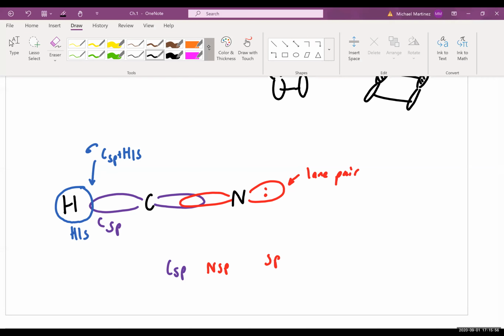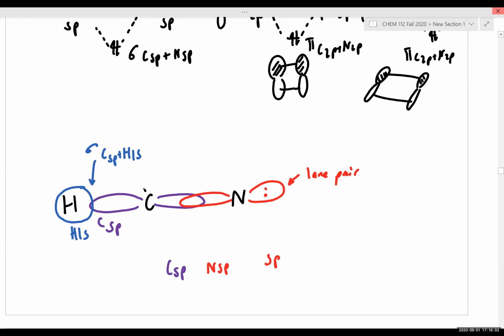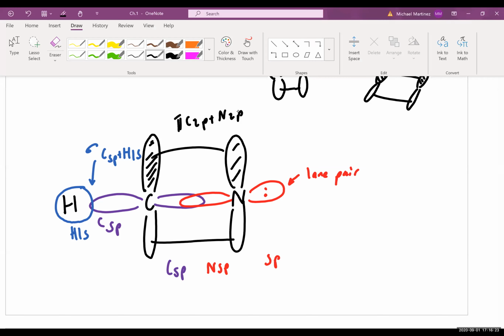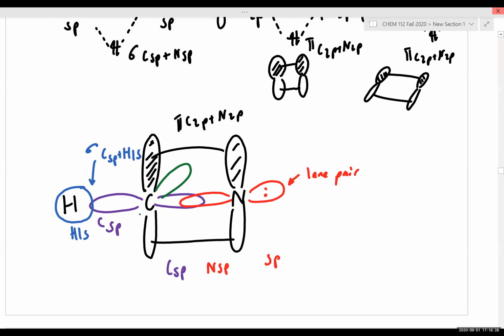Okay, so now let's draw our pi bonds. The first of which is going to occur on the vertical axis. Remember, p orbitals are phased. So we have our first pi bond between our carbon 2p and our nitrogen 2p orbital. And now we have another set of p orbitals that are capable of overlapping to form our second pi bond.